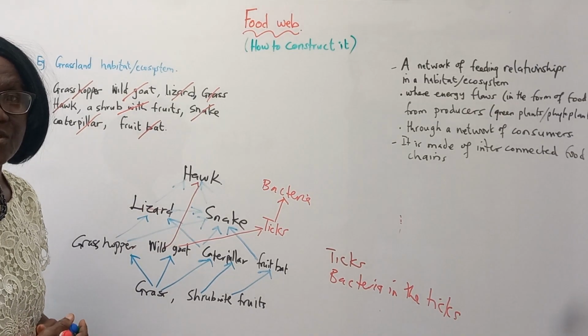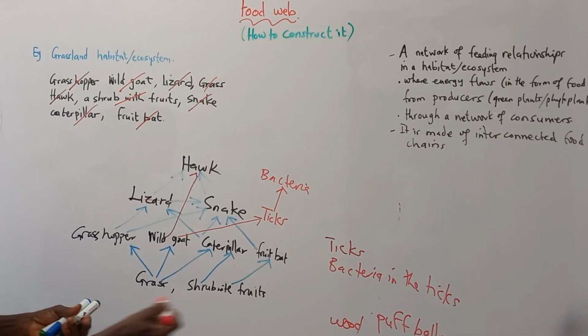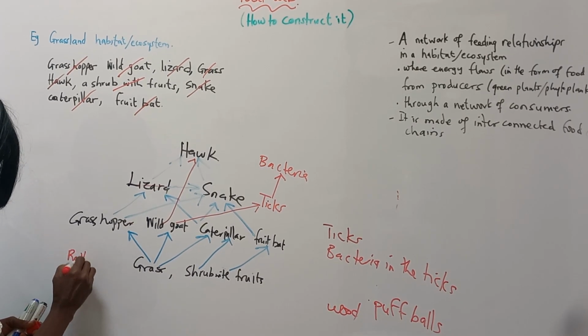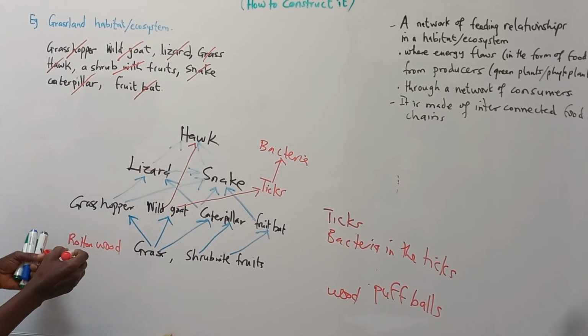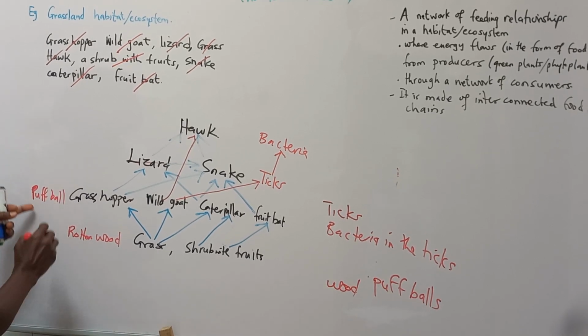What if there's a decomposing log or wood in the place? So rotting wood, and there's puffballs in there. So we have a rotting wood here, or decaying wood here. And so we can have a puffball here. It's also in the habitat.